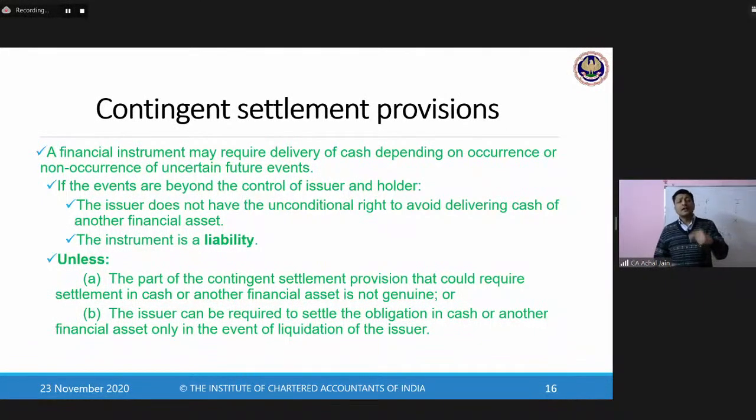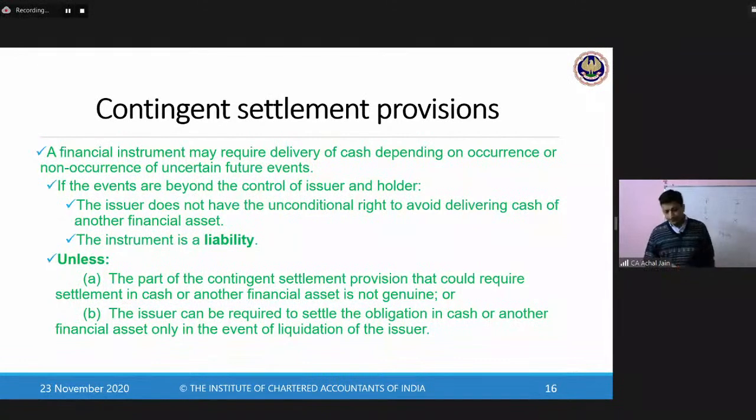Why are we saying that? Because there could be a trigger which may arise in future, which is not within the control of the issuer and which may require the issuer to pay cash. That's why such an instrument, because of the existence of such provisions, will be called a financial liability. And such provisions are called contingent settlement provisions.